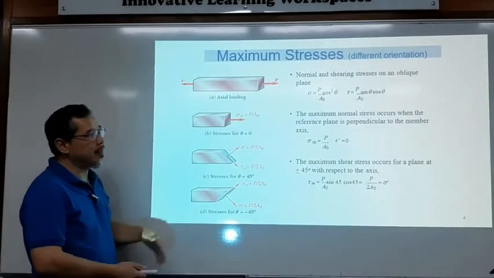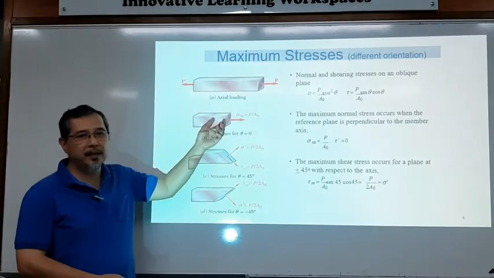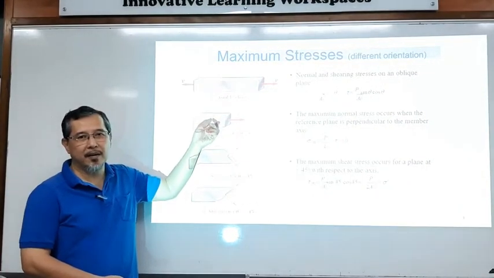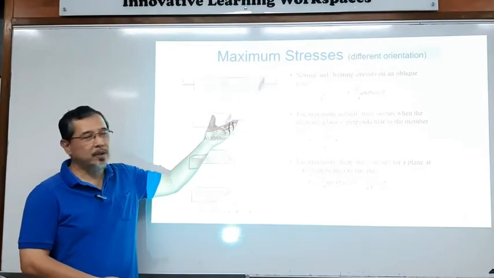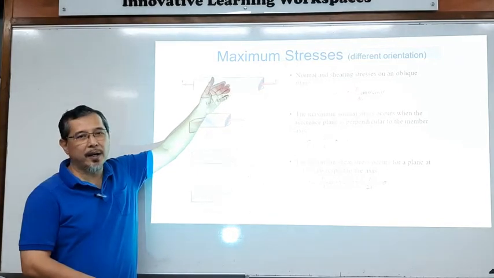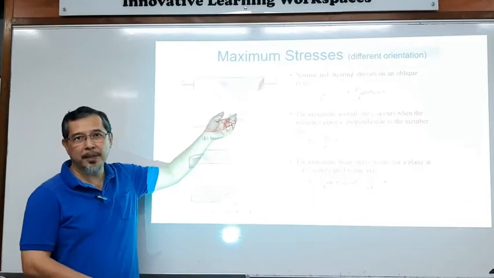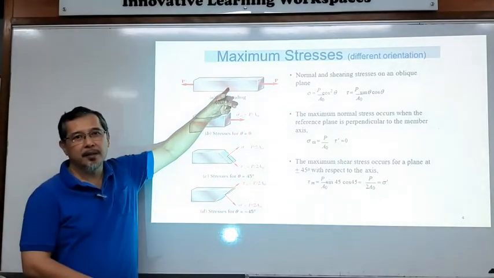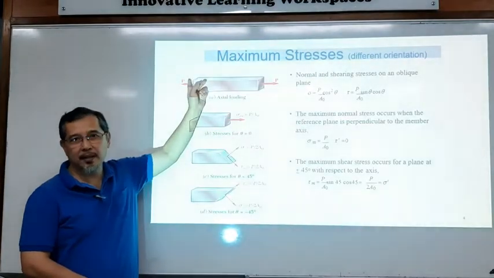And what we do is we take a section which is perpendicular to the direction of the load, and we find the stress acting on the surface, due to the internal load. So when we take a section within the material itself, we find the internal load P. P in this equation is the internal load, but since there's only one external load, it is equal to the external load.